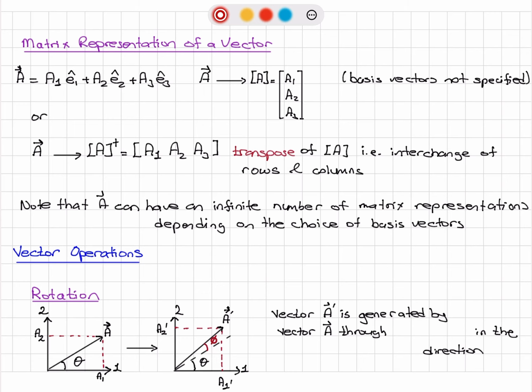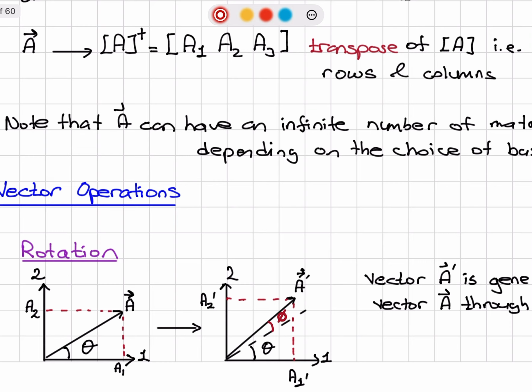Now, if we do some operations on these vectors, for example, if I take this vector A, which makes an angle theta with respect to axis 1, it has a component A1 on this axis and A2 on axis 2.